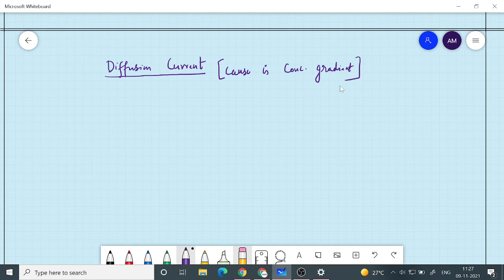Okay, so let us look at a picture. I will consider a concentration variation in, say, the x direction, and suppose this concentration is increasing. It need not be a straight line, it could be some function like this.